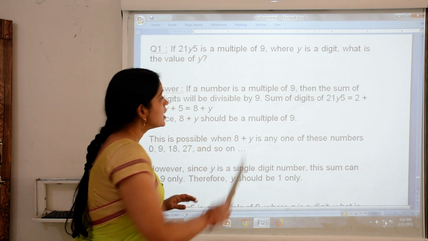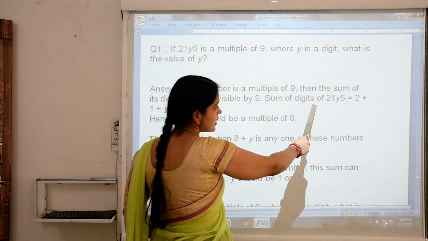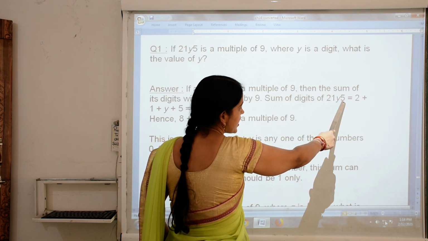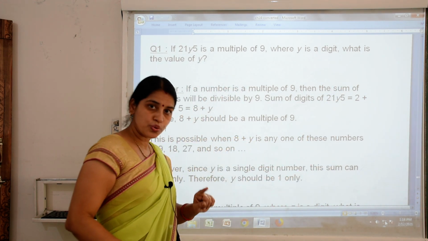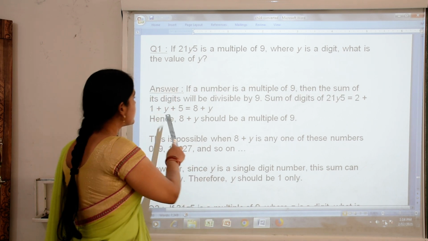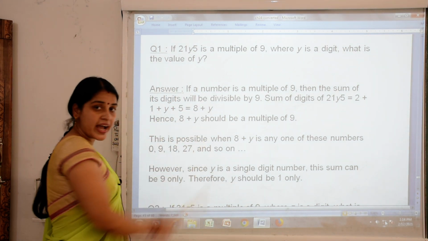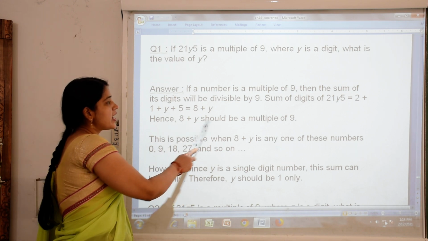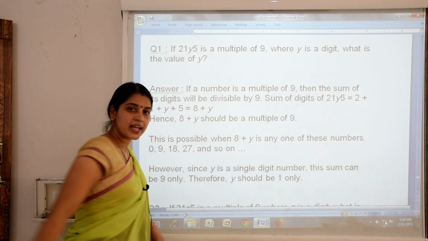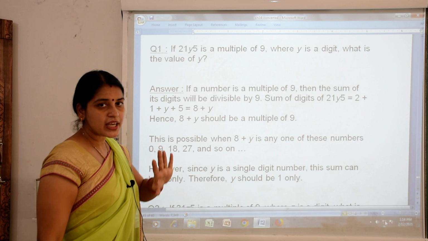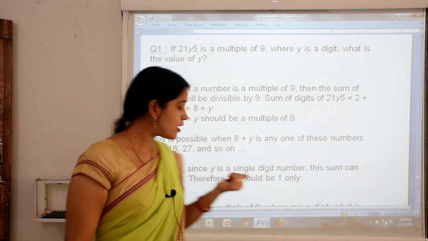the divisibility rule. That's why the sum of the digits of 21y5, that means 2 plus 1 plus y plus 5, that is 8 plus y. So 8 plus y should be a multiple of 9. तो ये 8 plus y भी क्या होगा? 9 का multiple होगा.